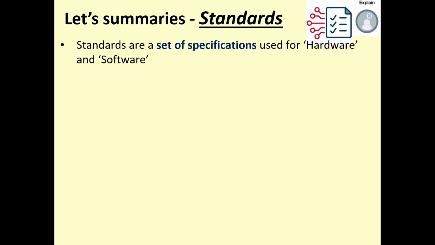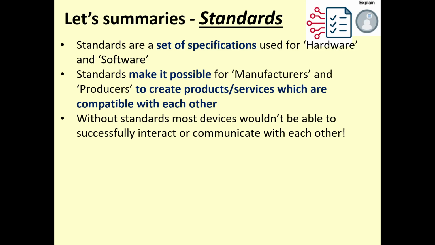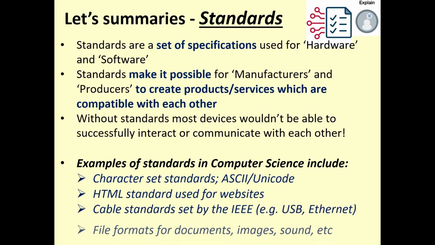So, a standard is a set of specifications or requirements for hardware and software. They make it possible for manufacturers to create products which are compatible with each other. Without it, you wouldn't be able to interact or communicate with each other. And the examples we had there on the screen.